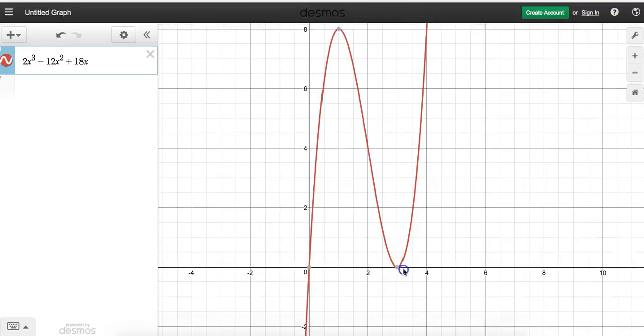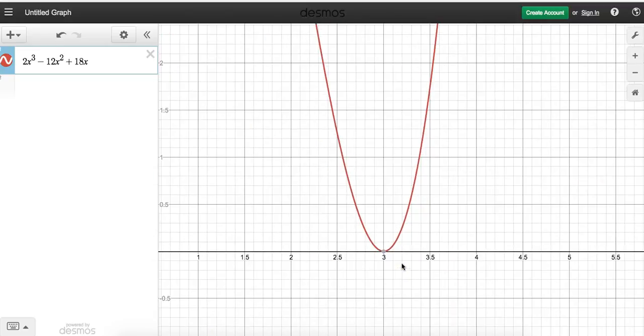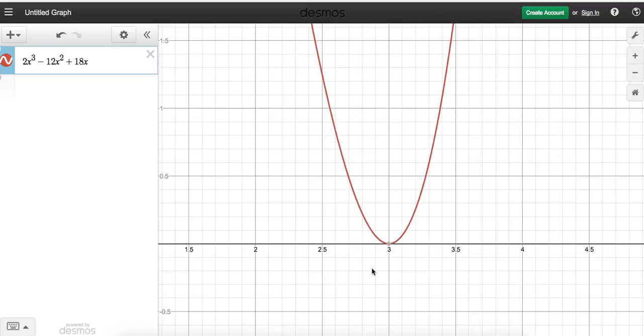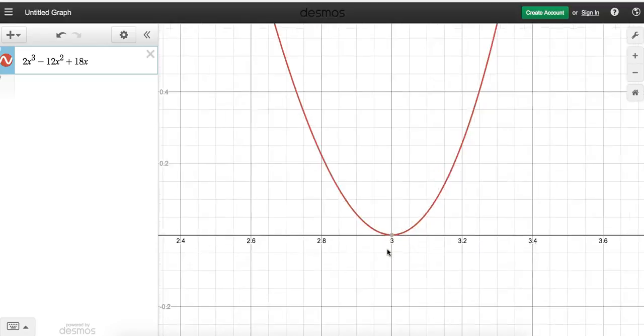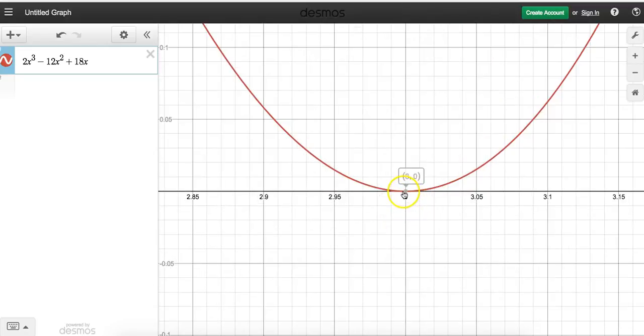Now, when we look a little closer at x equals 3, which was our repeated solution, we see that our graph comes down and touches the x-axis at x equals 3, but never quite goes through it.